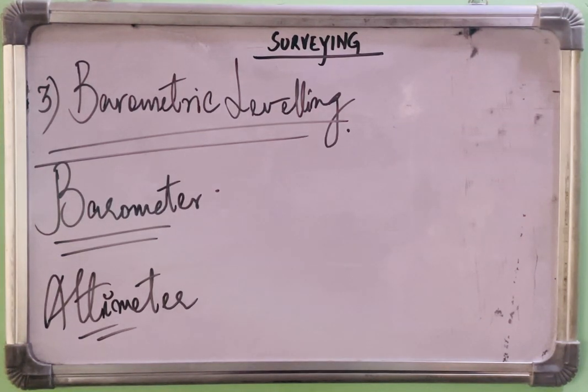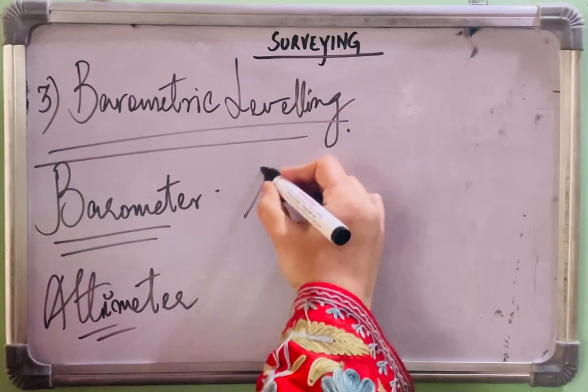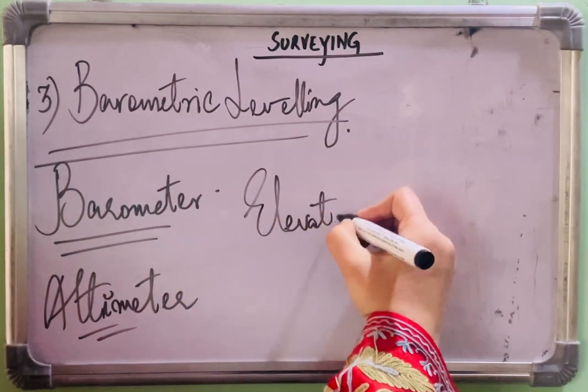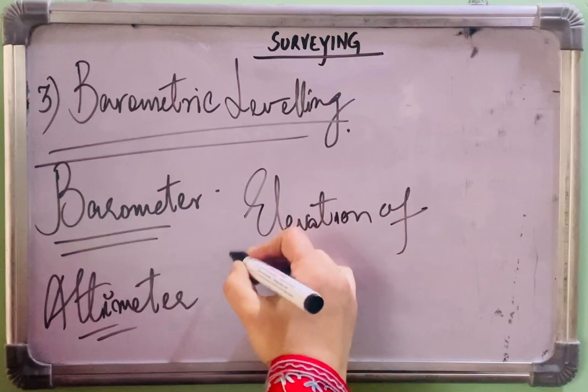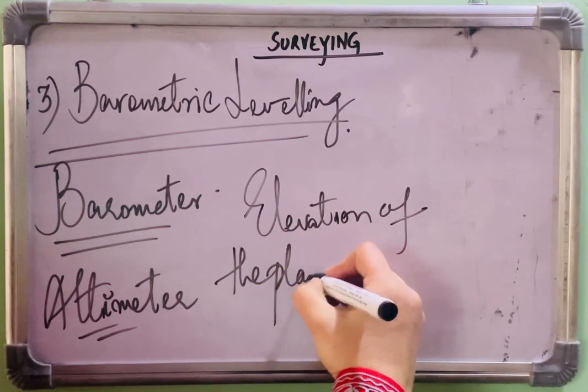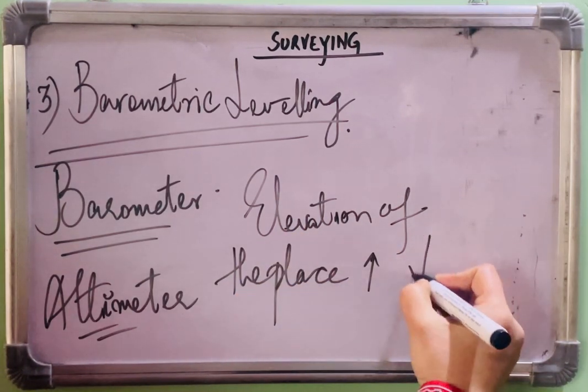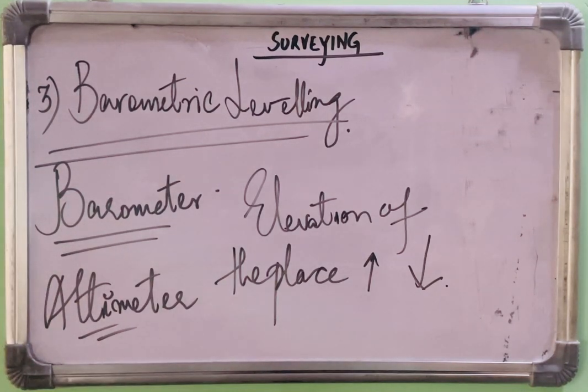As we all know, the atmospheric pressure decreases as the elevation of the place increases. As the elevation of the place increases, its atmospheric pressure decreases.